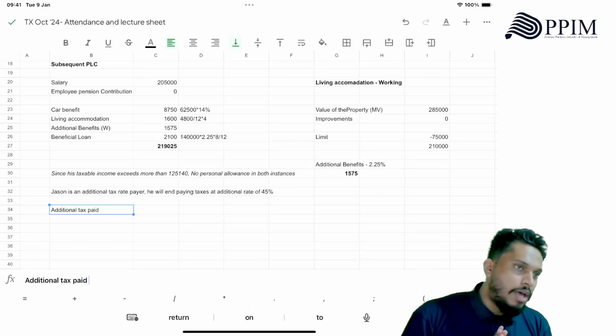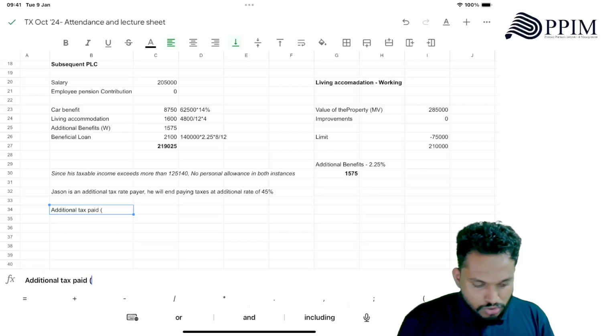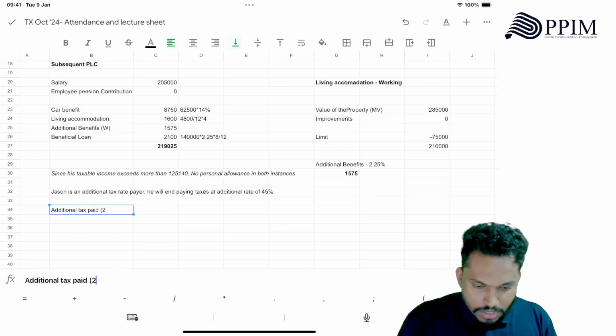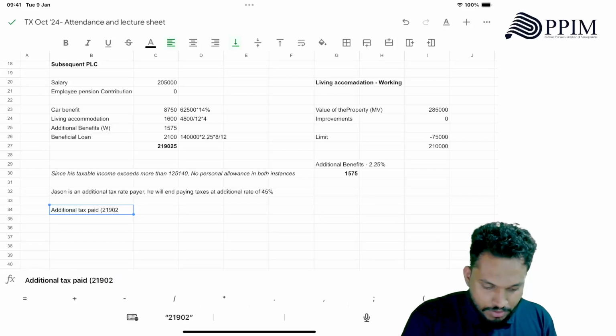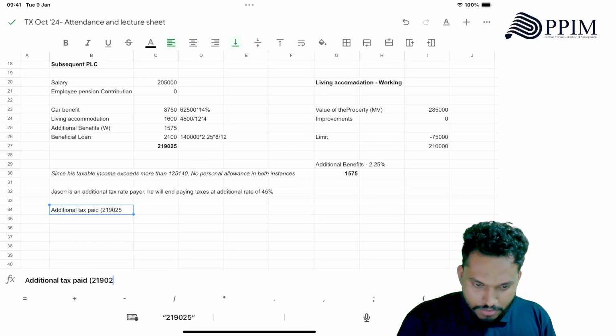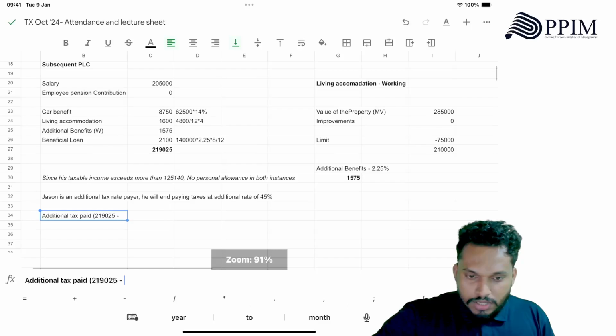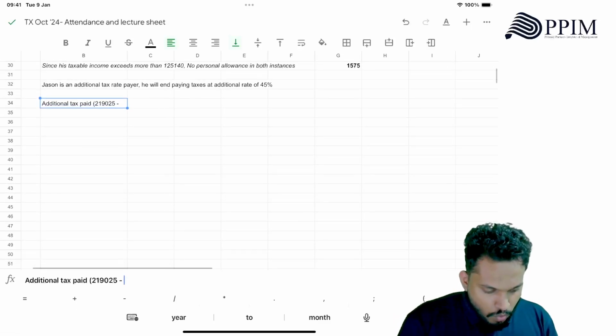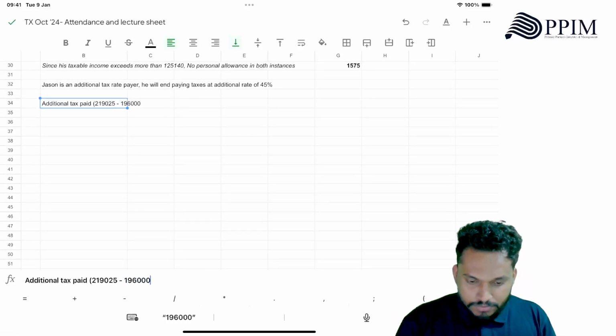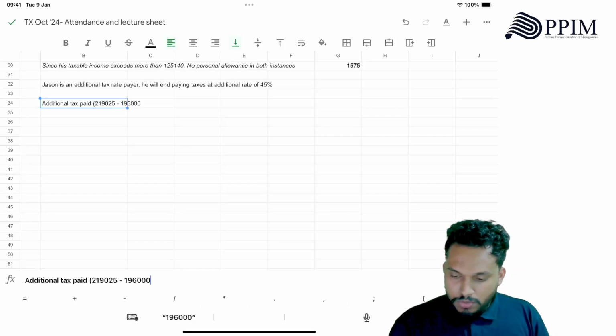Being a little smart with the examiner, I would say my income is 210 in subsequent, 219,025, minus how much initially? 196,000, right? 196,000.